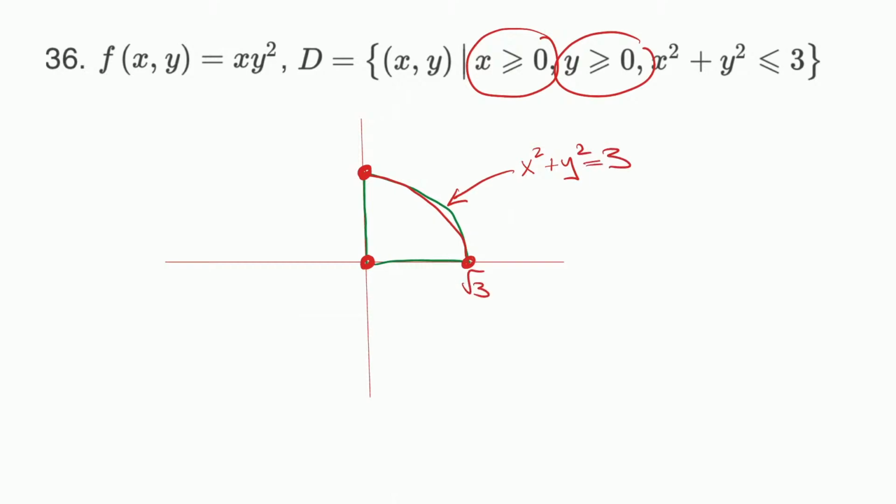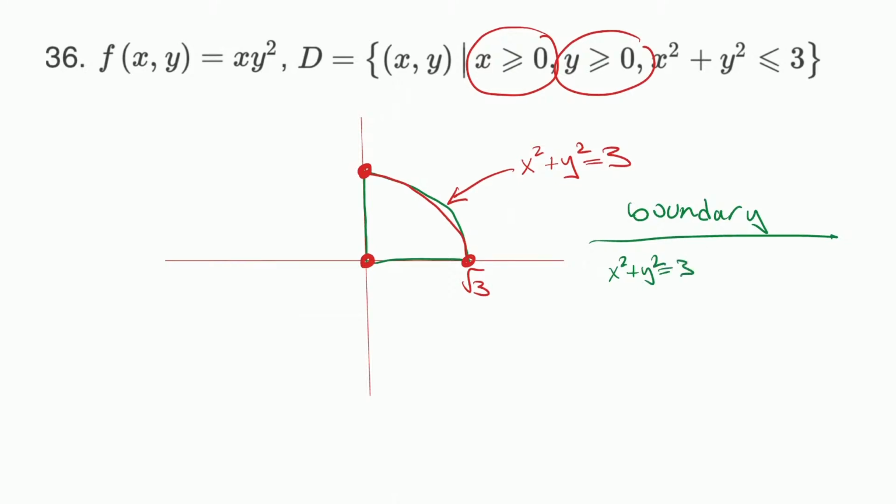That's, by the way, a radius of square root of 3. The boundary is the hard stuff, I think, so let's deal with x squared plus y squared equals 3 just briefly.